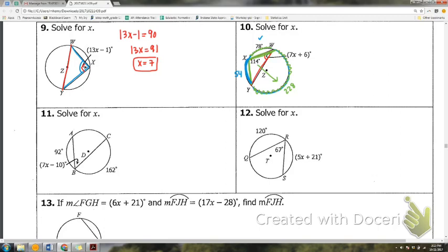Remember, it's half of that. So if we find half of 54, 54 divided by 2 gives us 27. So 7x plus 6 equals 27. So sometimes you're going to have to do a little bit of work ahead of time to get to where you need to get. Our x value is 3.